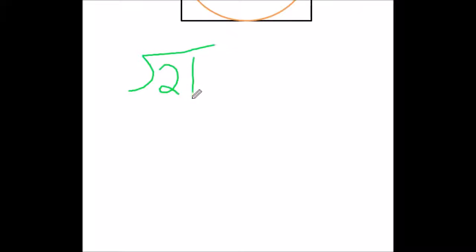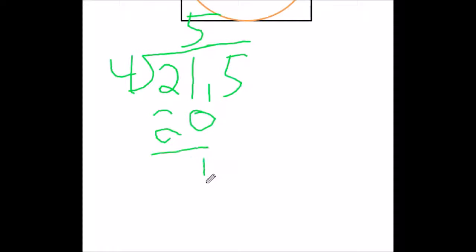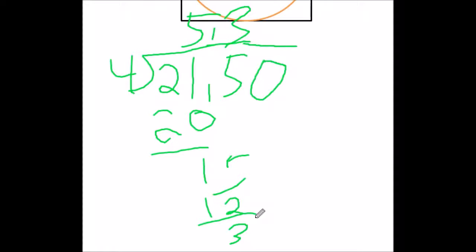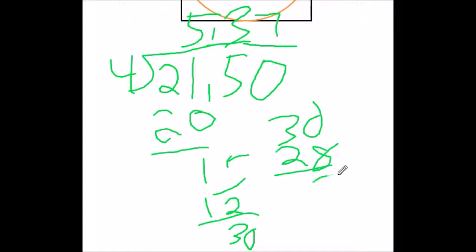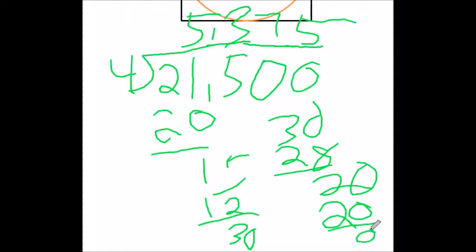So 21.5 here divided by 4 goes 5 times, put decimal, goes in 3, 12, 3, and then if we add another decimal place here, put a 0, bring it over here, that goes in 7 times 28, 2, then add one more 0, and then you can see it goes in 5 times, and that ends it off with a 0.